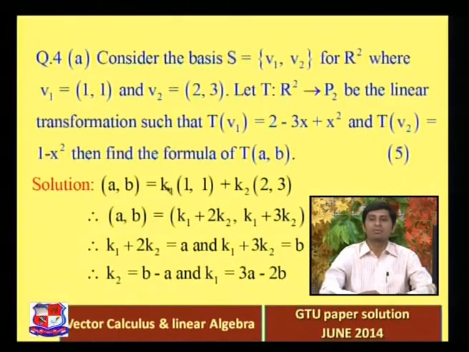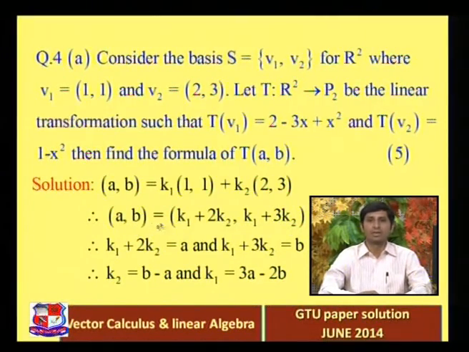That means (a, b) is equal to K1 into (1, 1) plus K2 into (2, 3). So (a, b) is equal to (K1 plus 2K2, K1 plus 3K2), right?